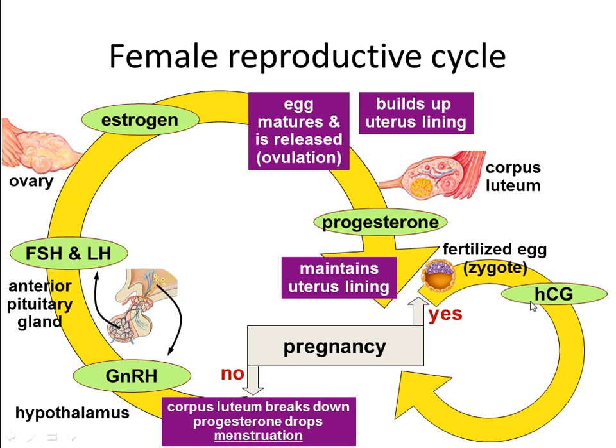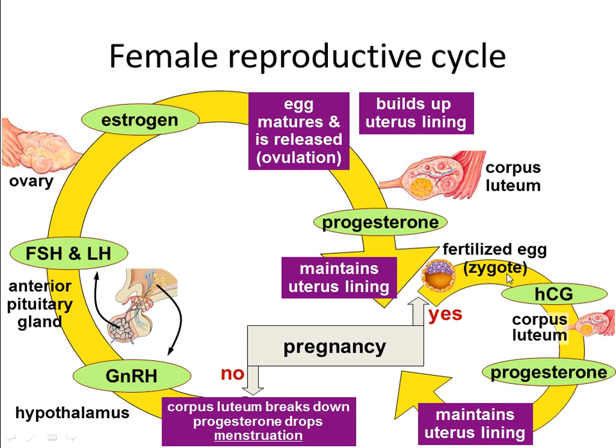This chemical communicates with the corpus luteum and prevents it from breaking down. Therefore, the corpus luteum will continue to produce progesterone, which maintains that uterine lining, which the fertilized egg needs in those early stages of development.